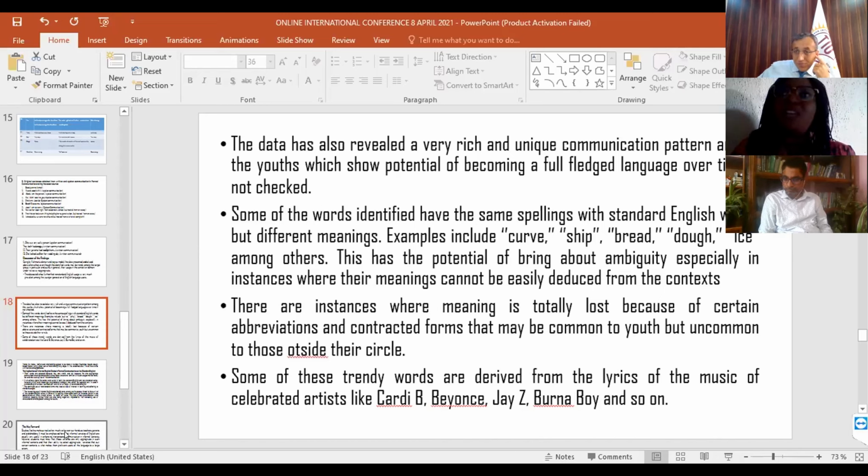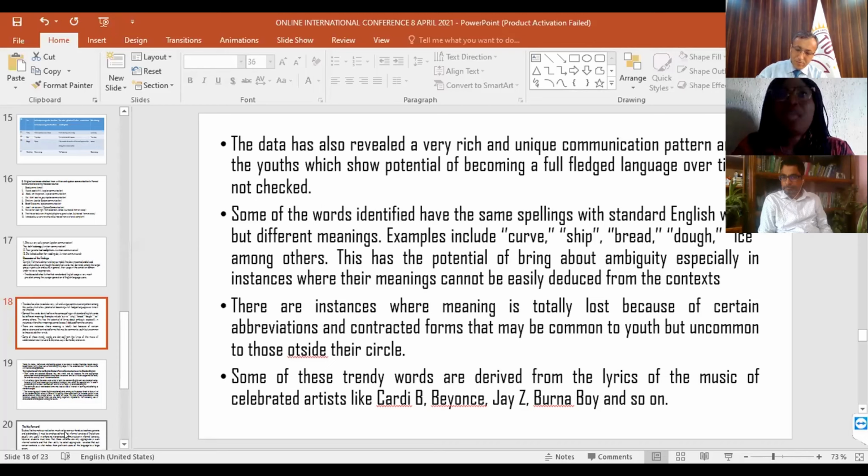I'm not saying that the non-standard variety isn't important. It is very, very important, especially when it is used within the right context, because it's one of the ways of enhancing interpersonal communication. But then, how do we ensure that boundaries are set when it comes to when to use it and when not to use it?